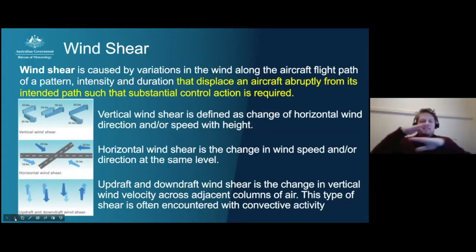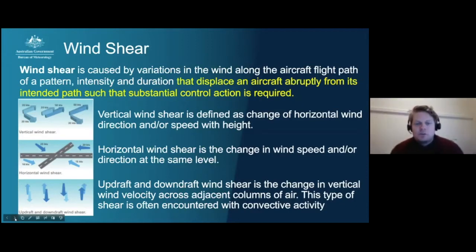So you've got that difference in wind speeds, and if you're coming up through that zone, you'll be having maybe a 20 knot headwind, and then all of a sudden you'll be pushed sideways with a 20 knot crosswind. So that's when the wind speeds change with height.